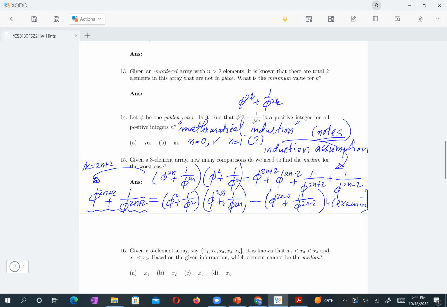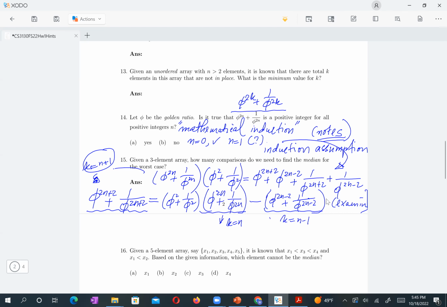But here the k is not a 2. So here, k equals m plus 1. That's the general form we are considering. And for this one, k equals n, and this one, k equals n minus 1.